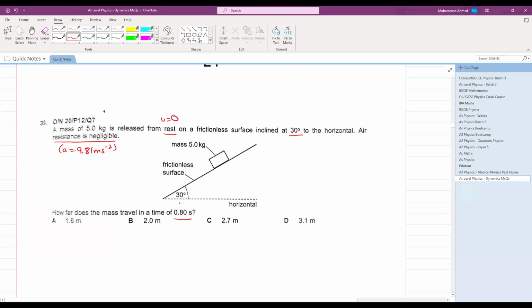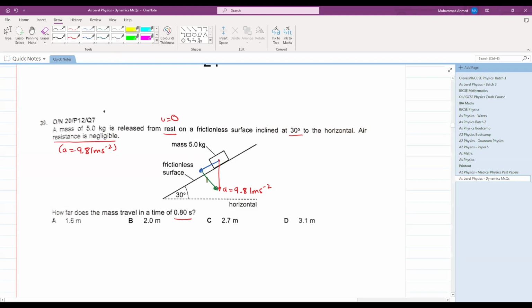Okay. Now please realize that you are on an incline. If you are on an incline, your acceleration will get divided into two components. The vertical acceleration, or the acceleration due to gravity, is 9.81 m s^-2. This will get divided into two components. One will be acting downwards like this and one will be perpendicular to the plane.